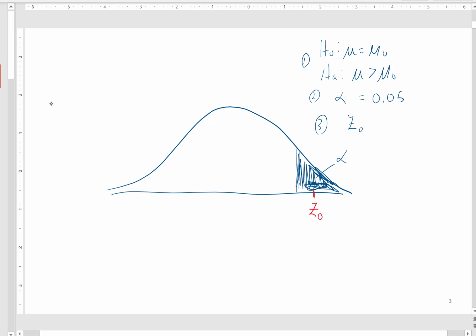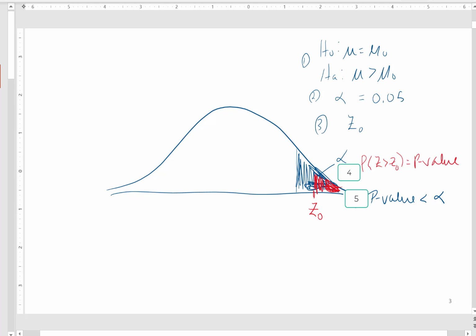Remember, for a right-tailed test, the probability of Z being greater than this test statistic is what we called our p-value. That's this red area right here. And our criterion for rejection was if the p-value was less than alpha. Our alpha is the blue, our p-value is the red, and that p-value is definitely less than alpha.